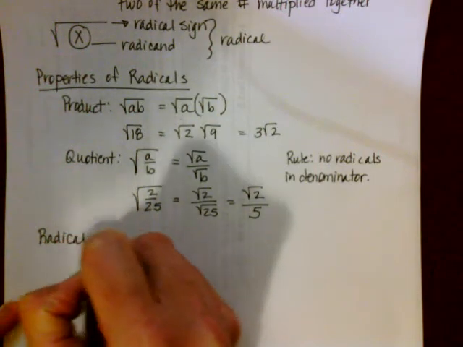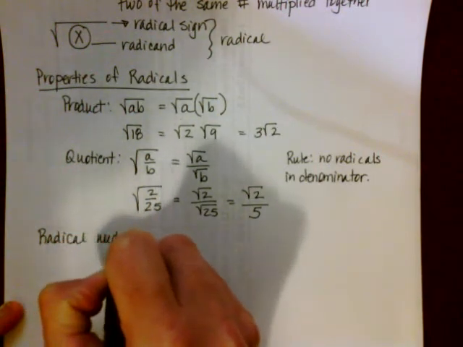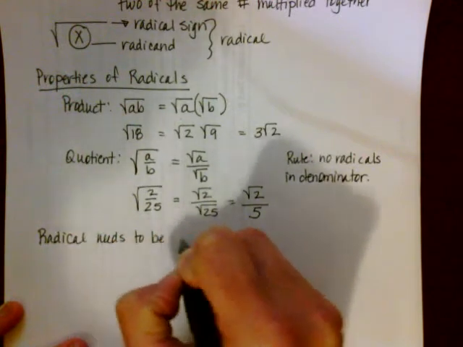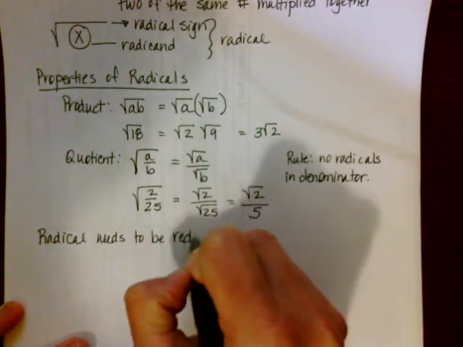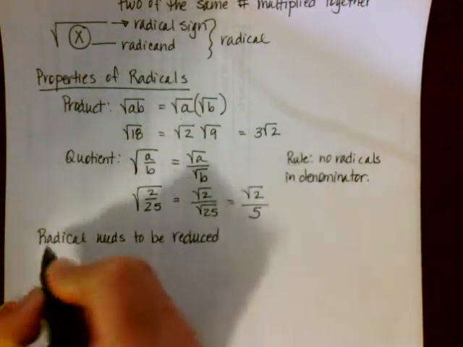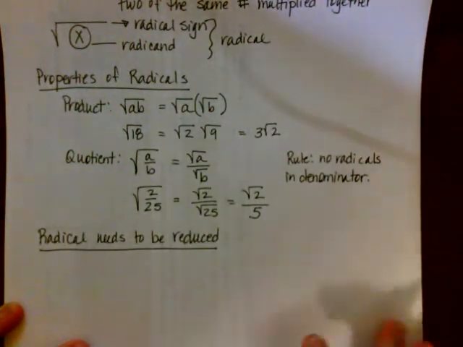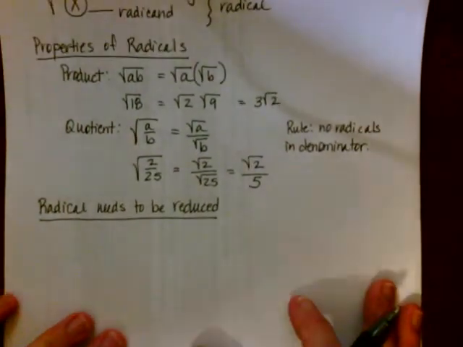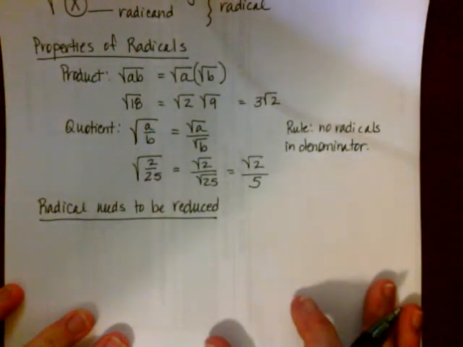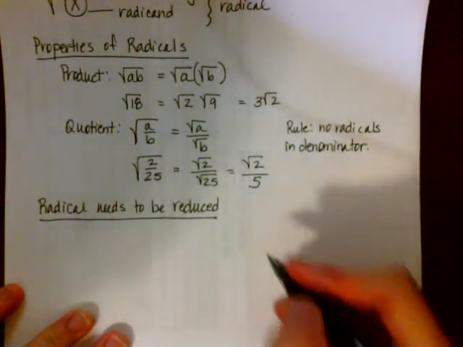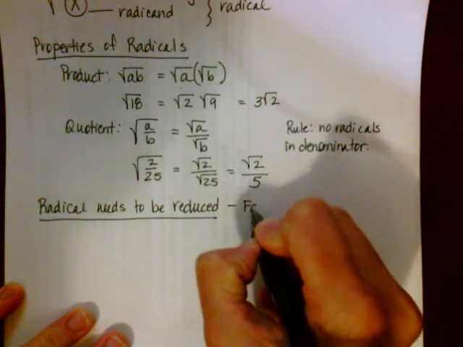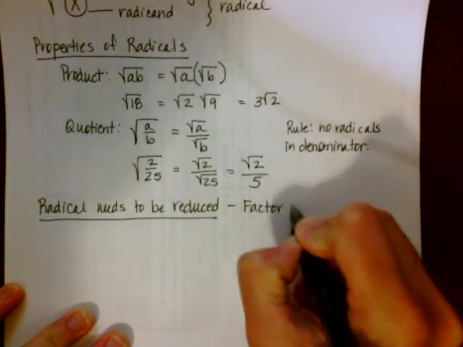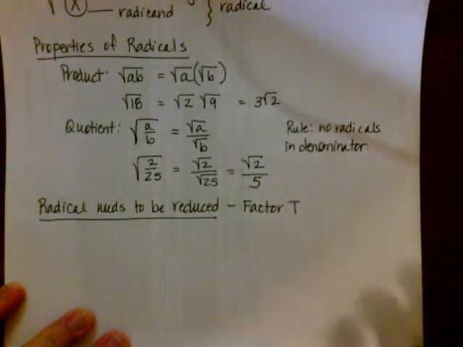If I have a radical that needs to be reduced, I'm going to show you a new method. I actually am not picky about how you reduce your radicals, but I'm going to show you the method that I've learned, and it's called a factor T.